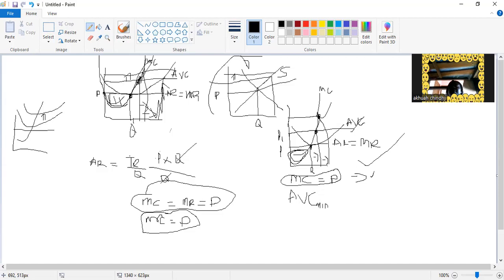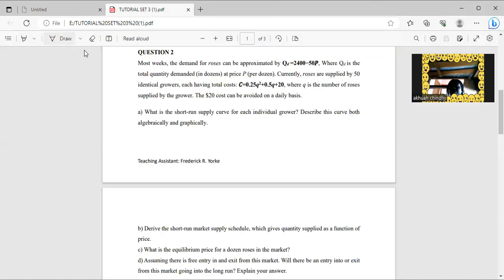So let's see the total cost they gave us in the question. They gave us this total cost, C is equal to 0.25Q squared plus 0.5Q plus 20. So let's copy this and then paste.